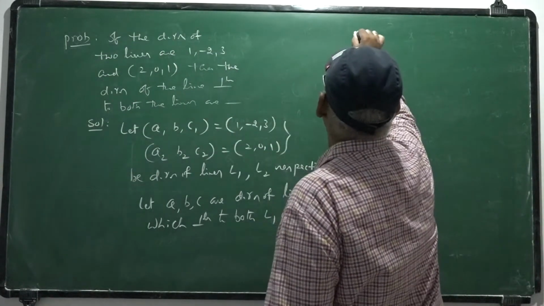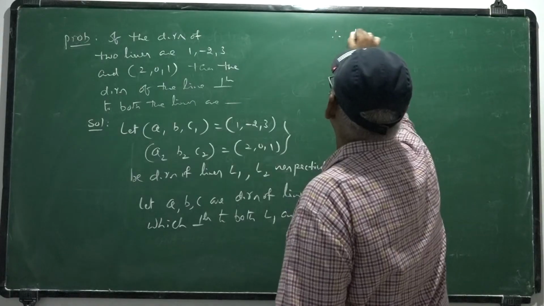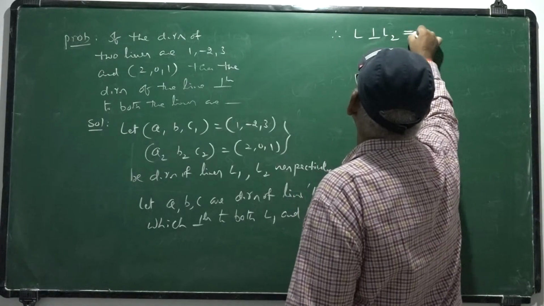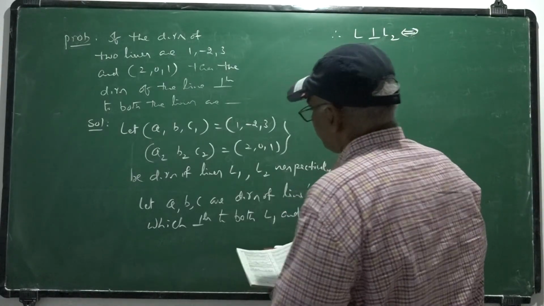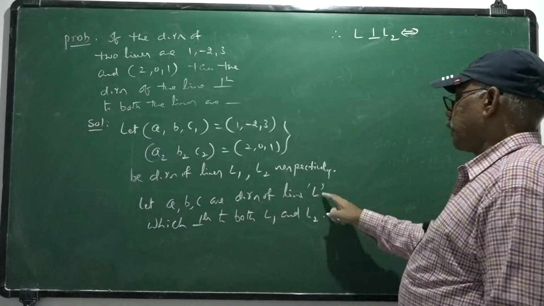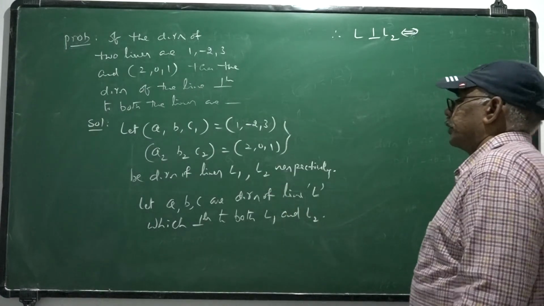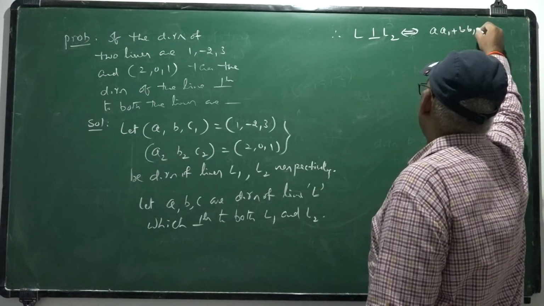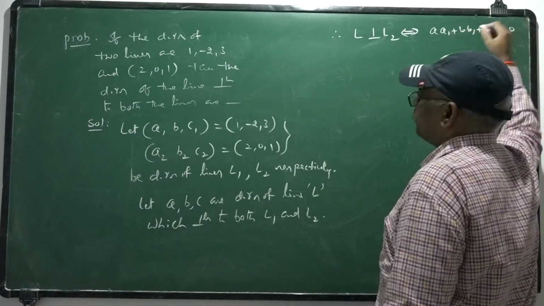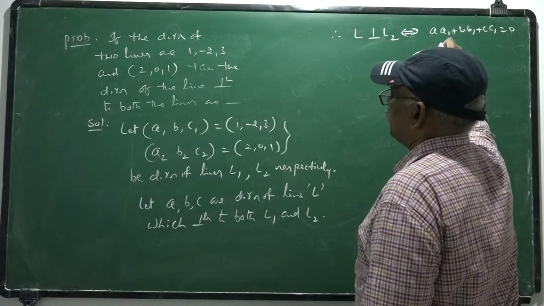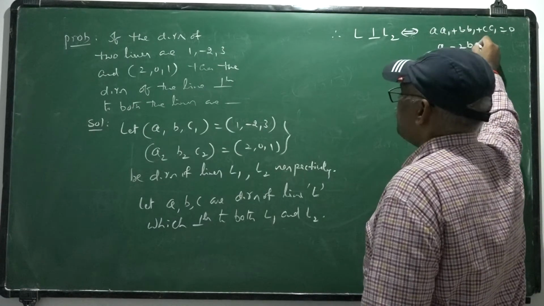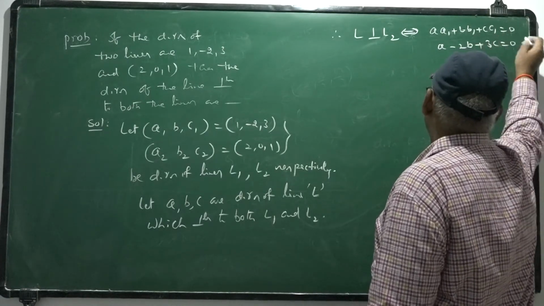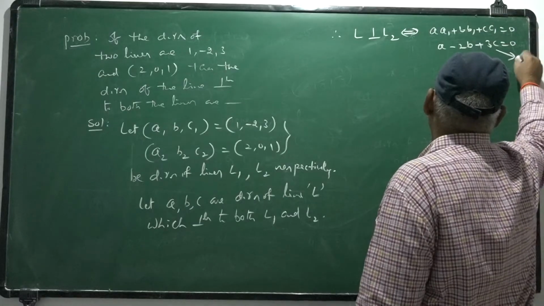So therefore, L is perpendicular to L1 implies A1 A plus B1 B plus C1 C is 0. In such case, A minus 2B plus 3C equals 0. Let it be 1.